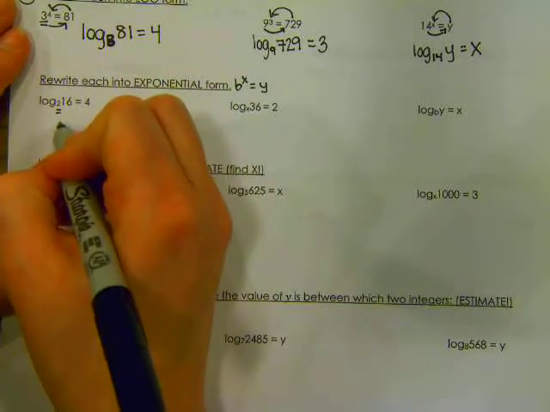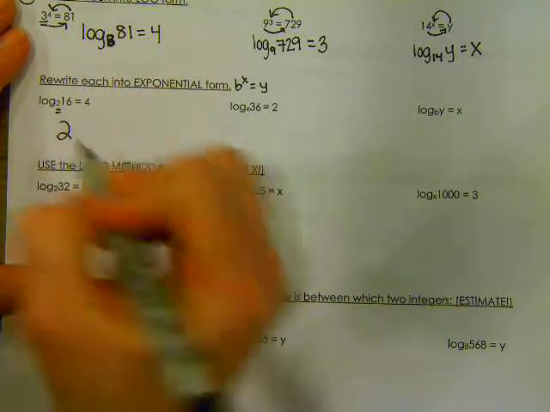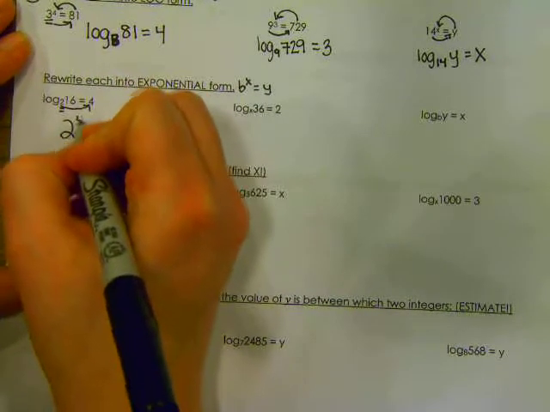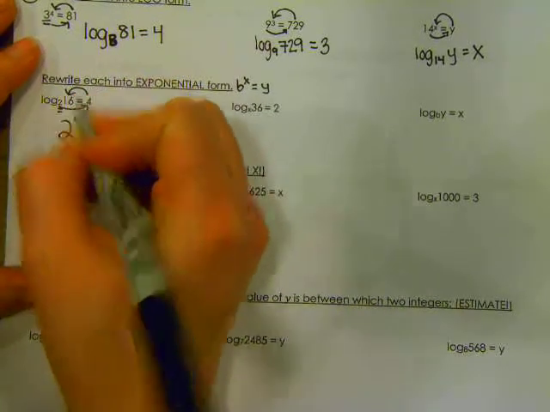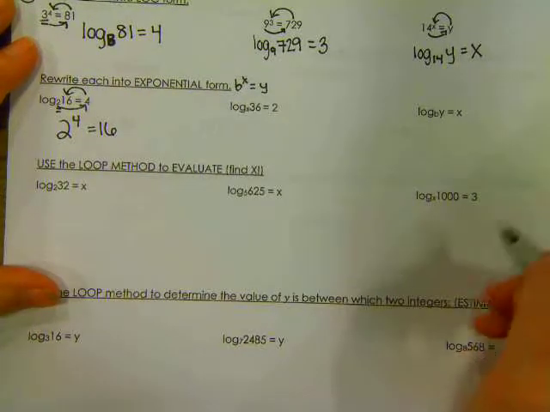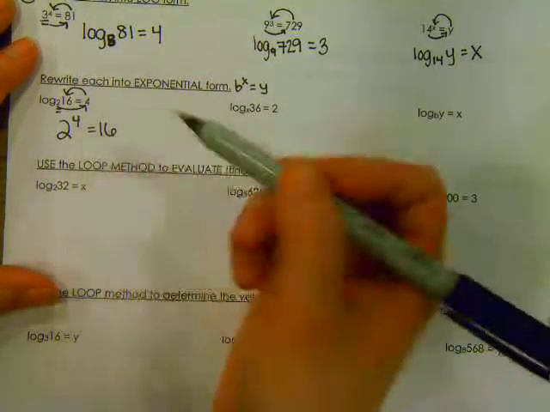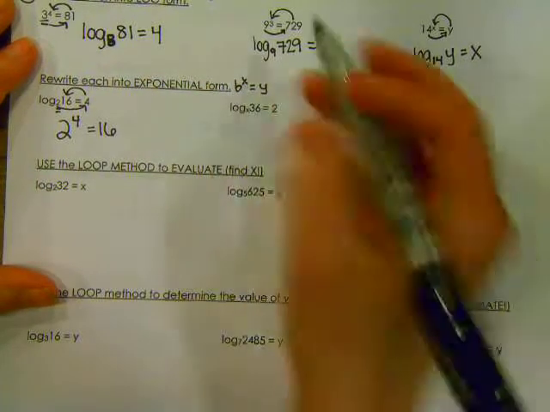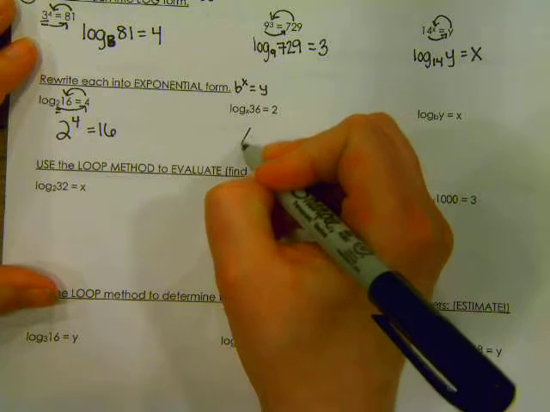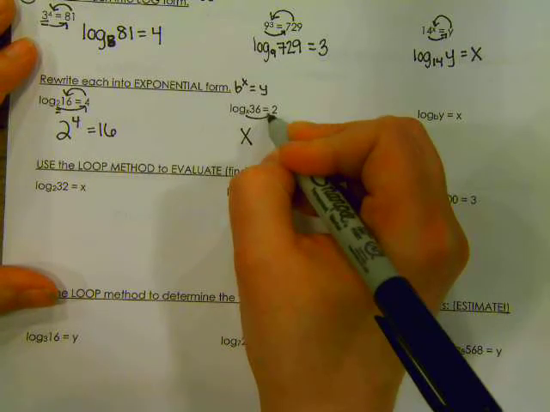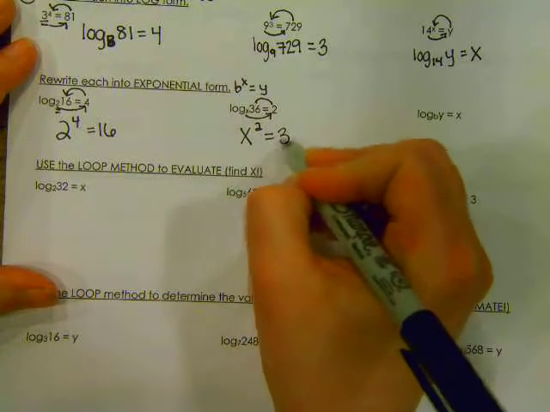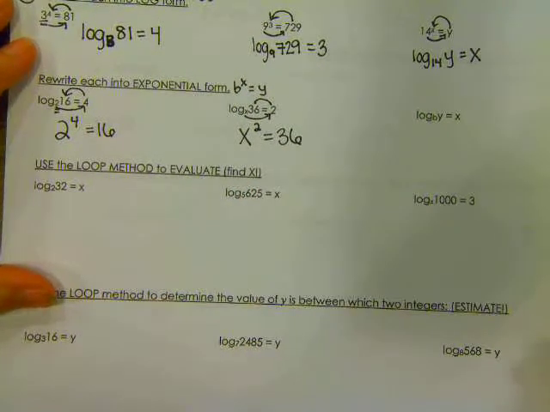So 2, and then do the loop, 2 to the 4th power equals 16. There you go. And that's a true statement, 2 to the 4th power is 16, but that's just writing in a different form. Here, same thing, the base is x now. So we're going to do x, loop around to the 2nd power equals 36. And you're done.